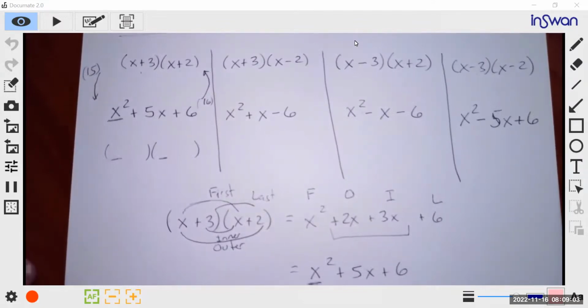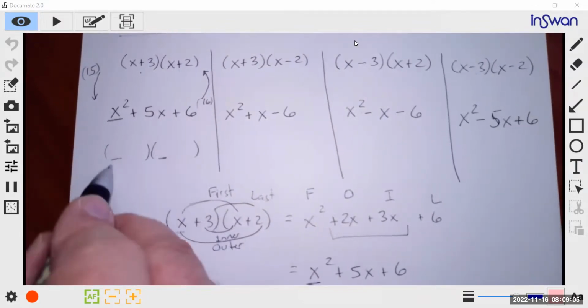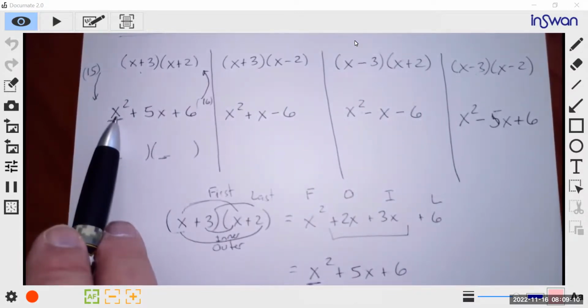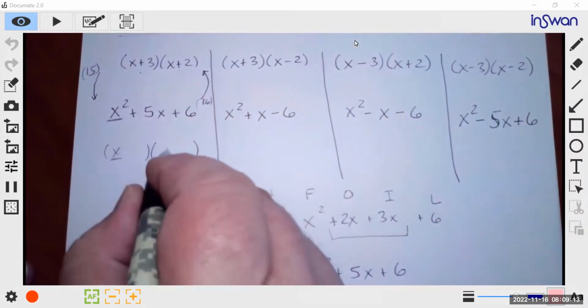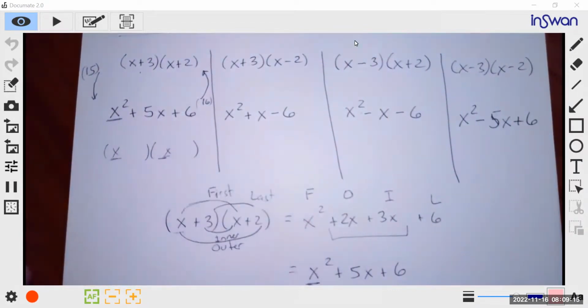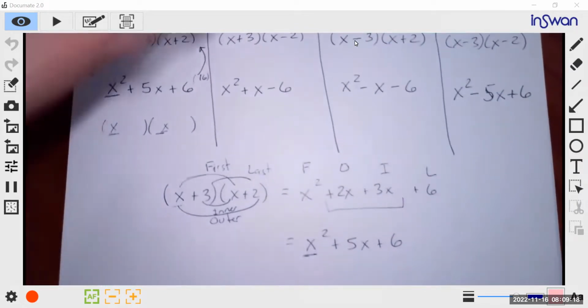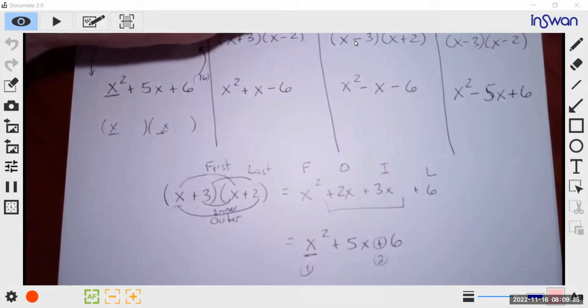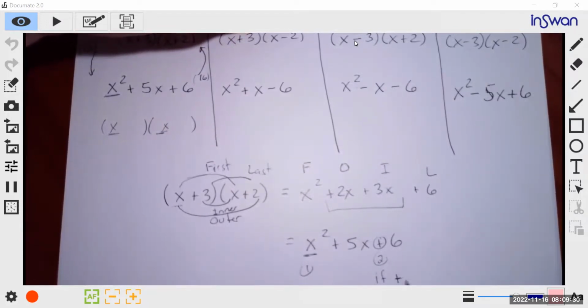So this first term comes from the numbers in the first location. What times what gives you X squared? X times X. This is the first thing we look at. The second thing we look at is the second sign. If the second sign is a plus, that means the signs are the same.